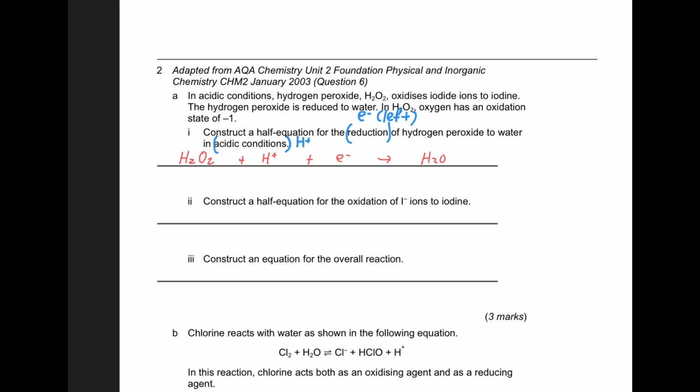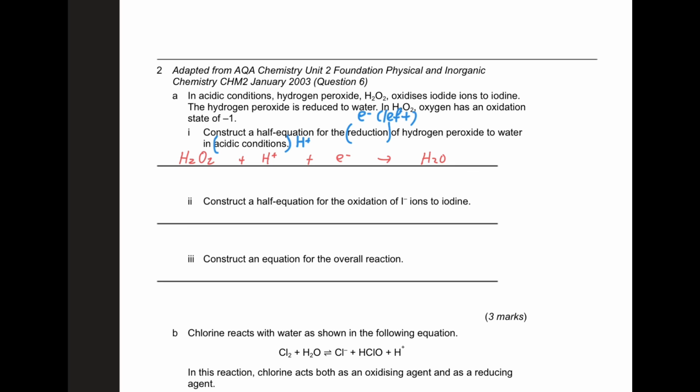Okay, now we have to balance the equation. We have H2O on the right. Let's say we look at oxygen first.